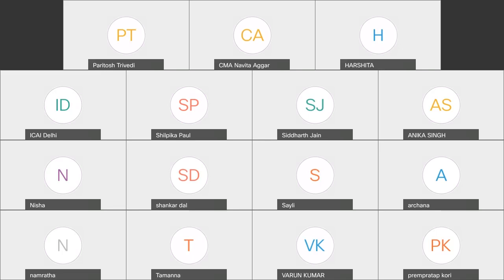So when a transaction happens within a union territory, 50% component goes to the CGST and 50% retains in the UTGST. Clear? And interstate transactions always attract IGST. Clear, students?